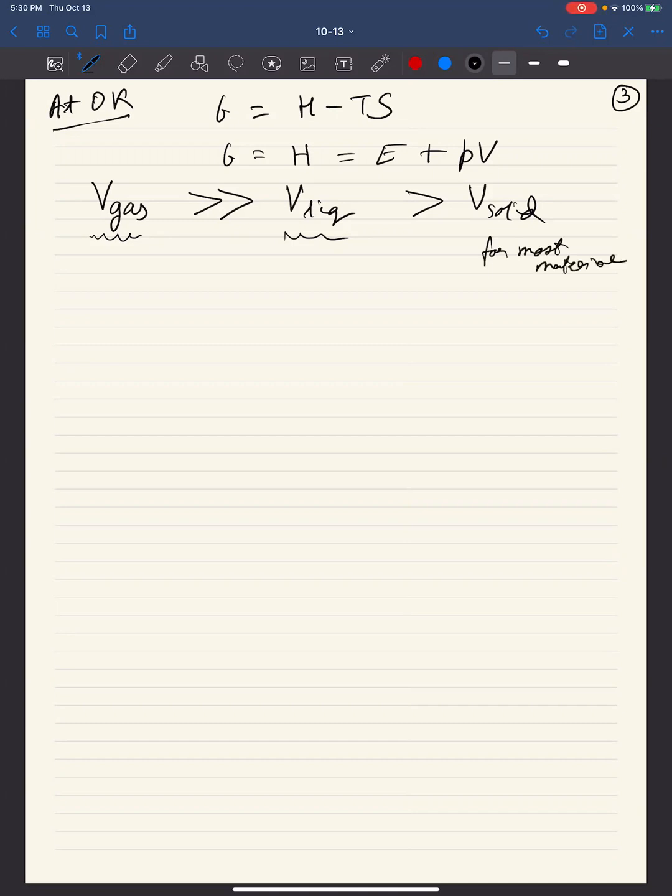Okay. So what does this mean? This means that at a constant pressure, PV gas is going to be much more than PV liquid, which is going to be much more than PV solid. So we know that this part of the G, which is PV, is going to be highest for gas, then liquid, then solid. We also need to think about E.